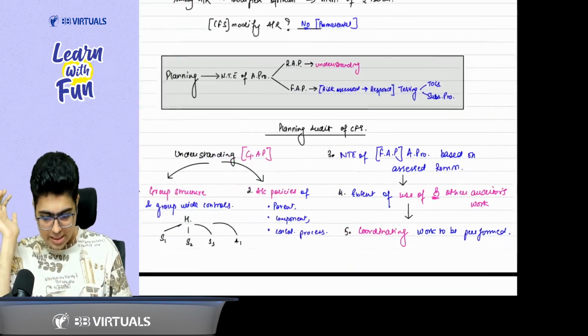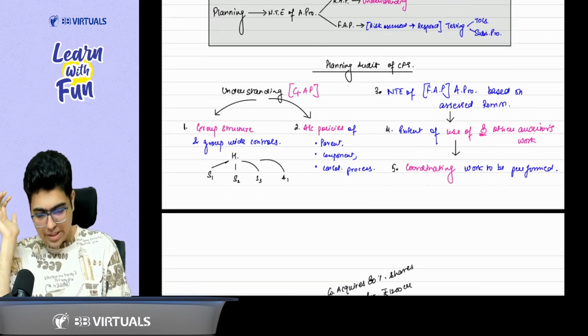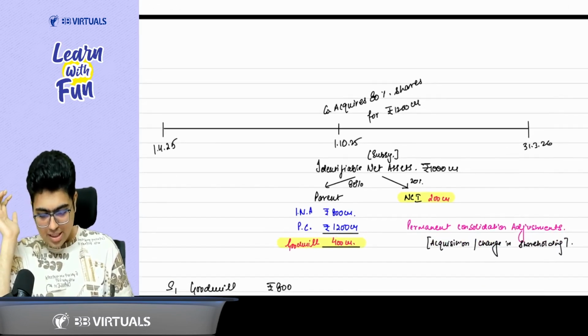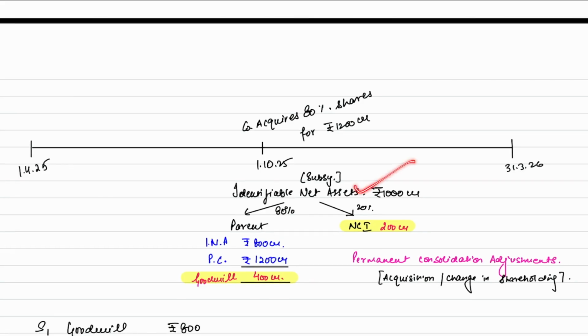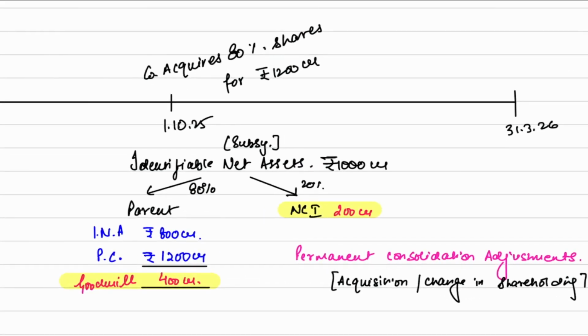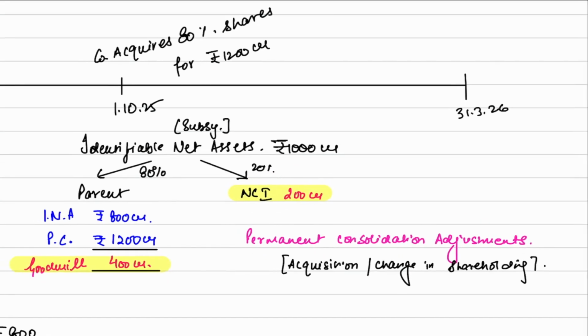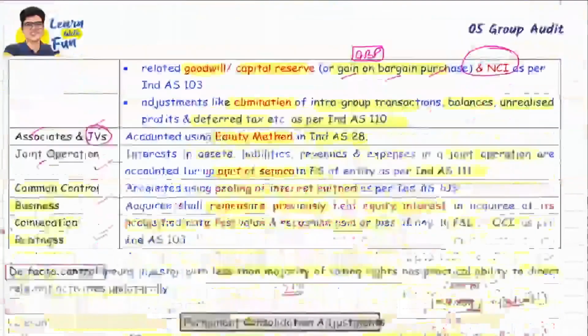Okay, sir. Then after this, we understood the consolidation adjustments. The first consolidation adjustment we understood with the help of this example. Whenever you acquire any entity, you calculate the goodwill and NCI. Goodwill calculation and NCI calculation are permanent consolidation adjustments. These are calculated on the date of acquisition or whenever there is a change in the shareholding. Please look at your book.